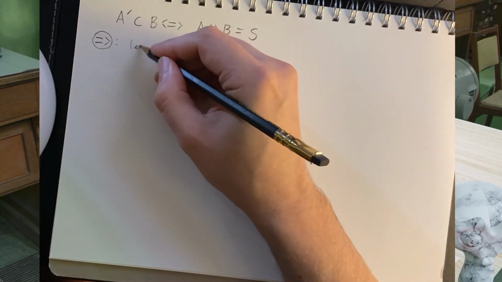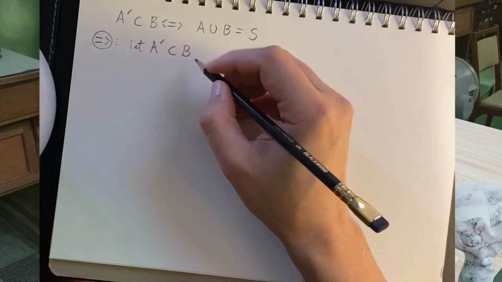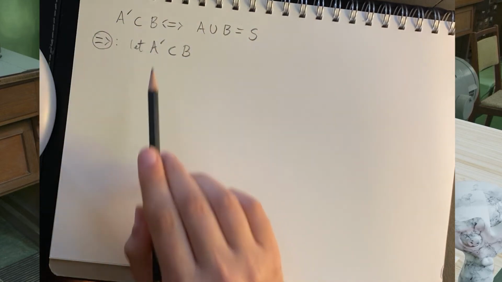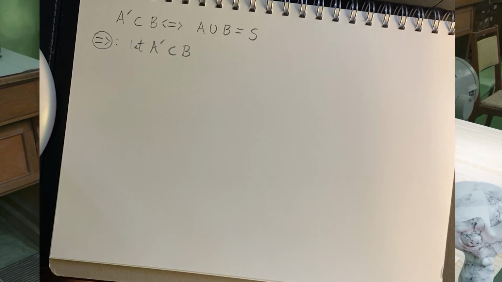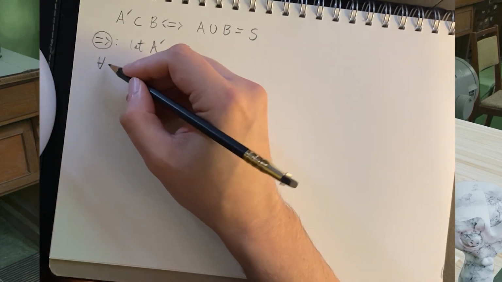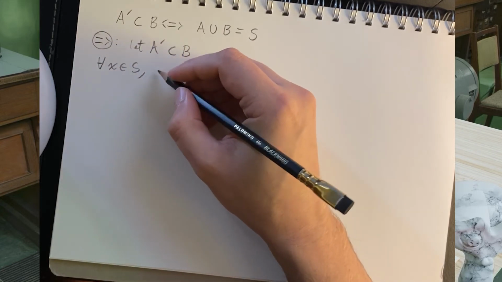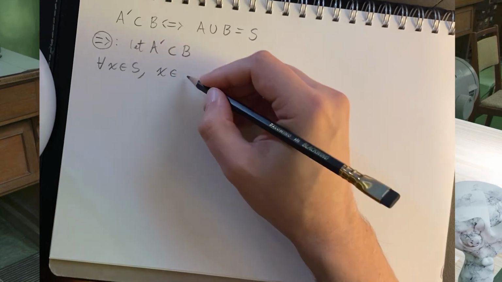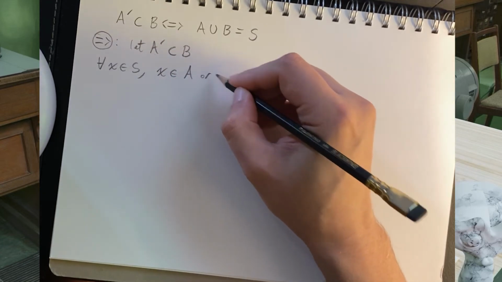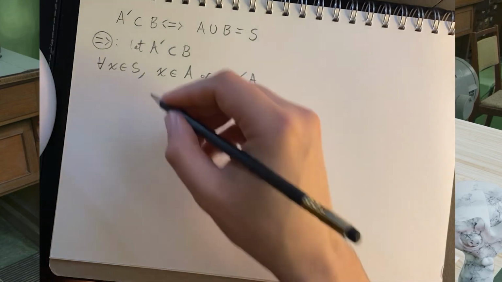So we'll say let A complement be a subset of B. In other words, if something's in A complement, then that something is in B. And then we'll say for all elements of S, either that element is in A or it's not in A. Fair enough.